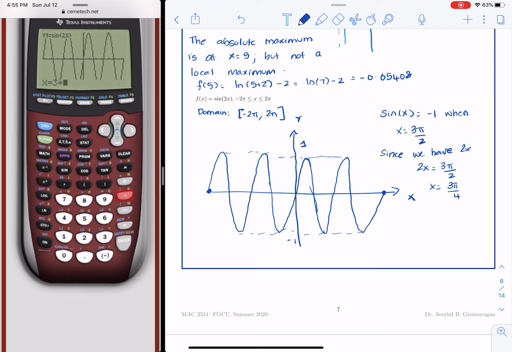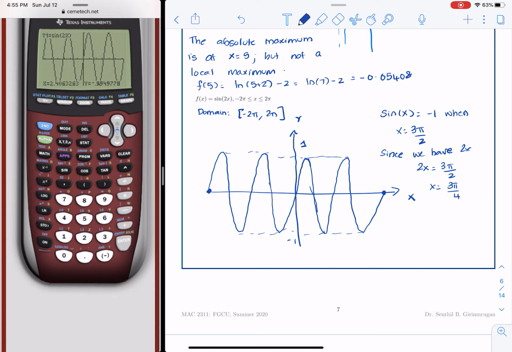So 3 times pi over 4 comes to be 2.3561, and if I graph and trace it again, the first negative part happened around 2.5.